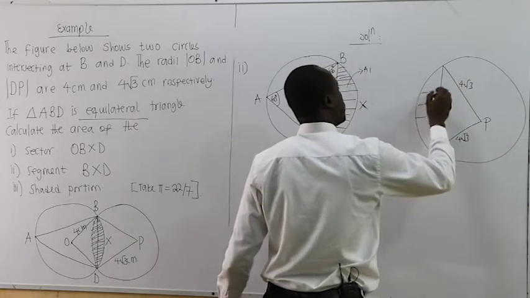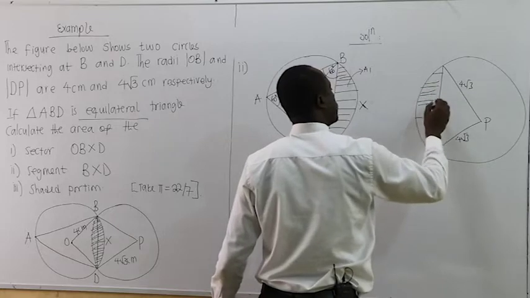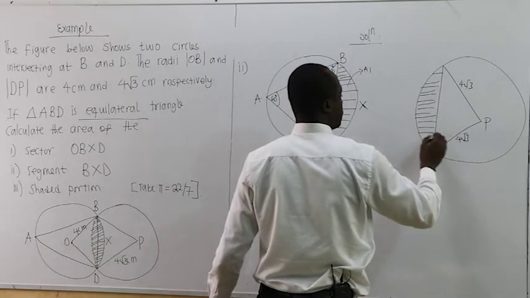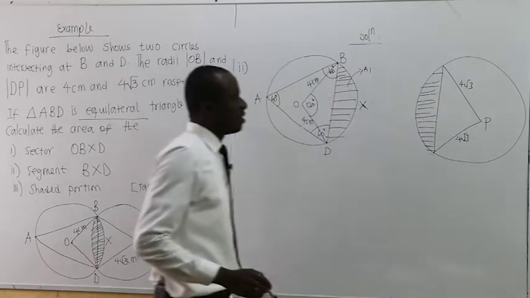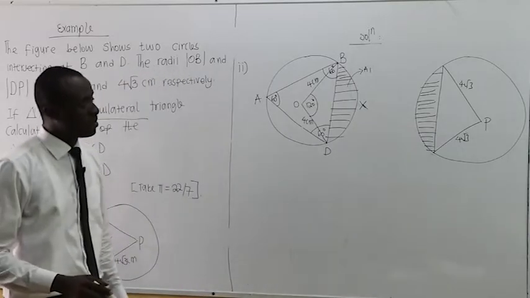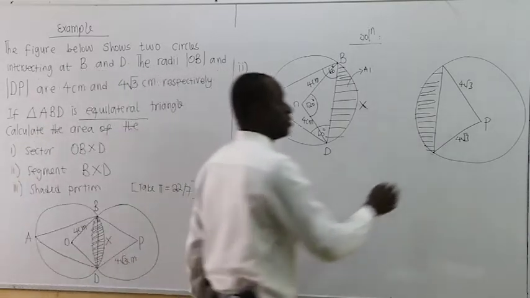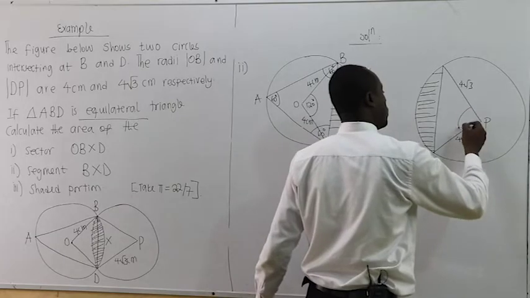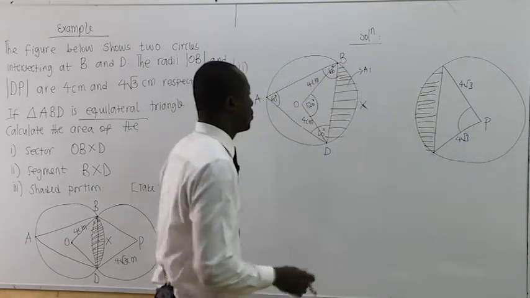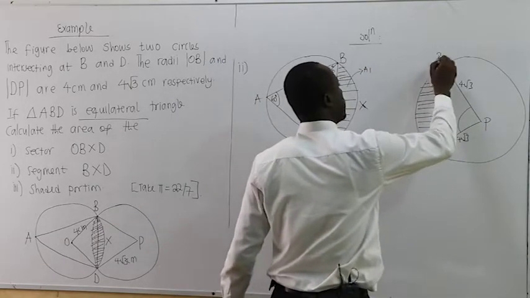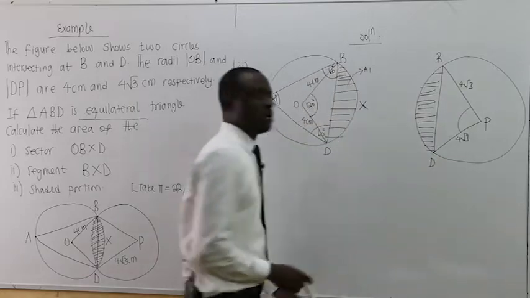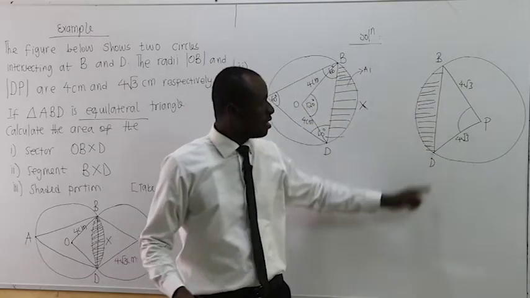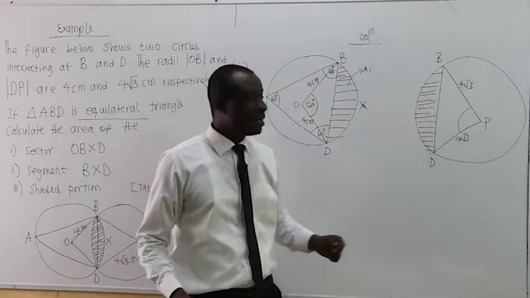So how would we be able to find the segment over there? Do you know the angle? We don't know the angle. Now, okay, so this is our B and this is our D. Can you find the length BD? Yes.